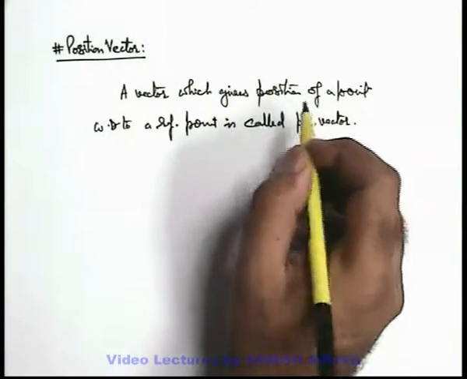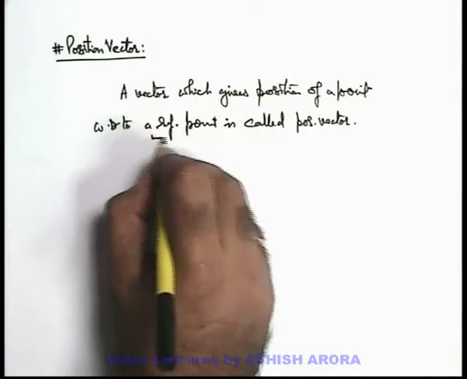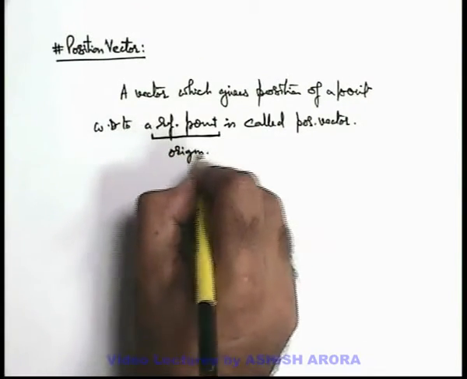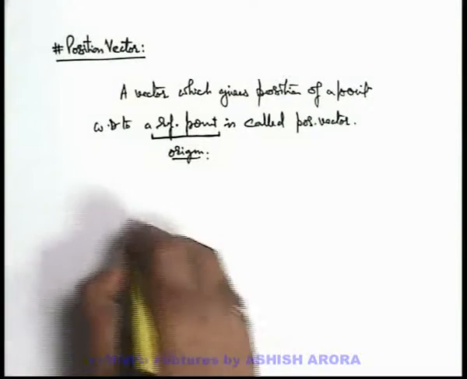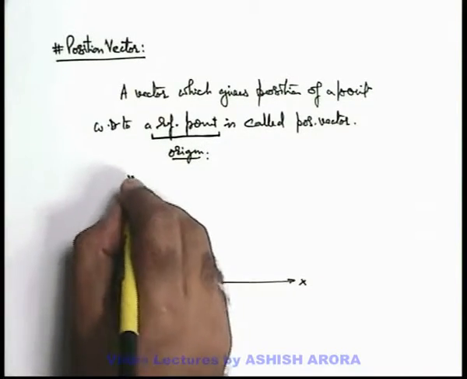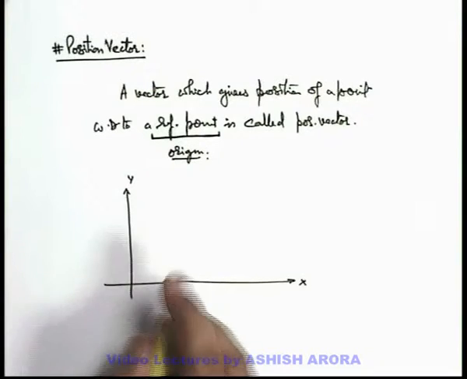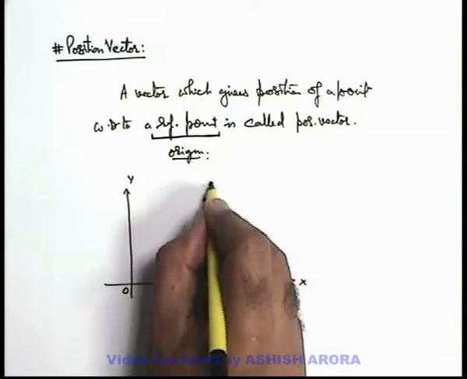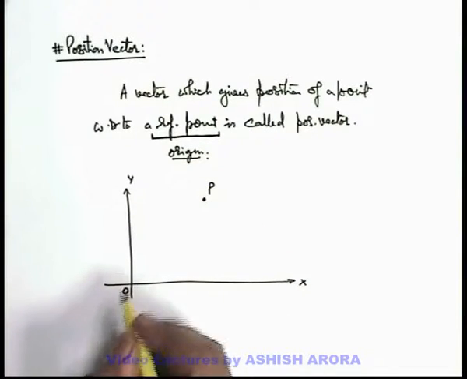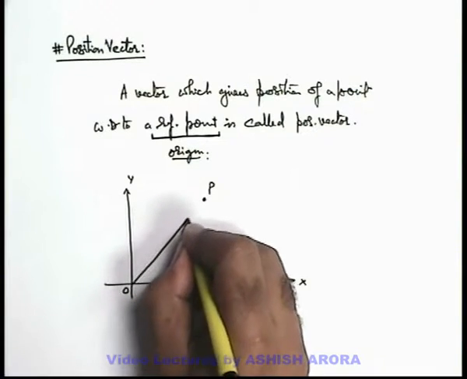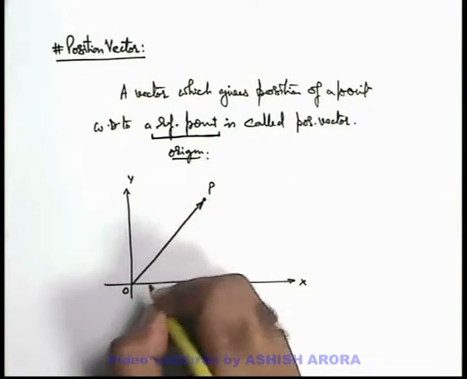Now if we talk about a reference point, in most of the cases we consider this reference point as origin. For example, if we have a two-dimensional coordinate system with x and y axes and an origin, and we talk about any point P in this coordinate system, then the position of P obtained from O is given by the vector OP.